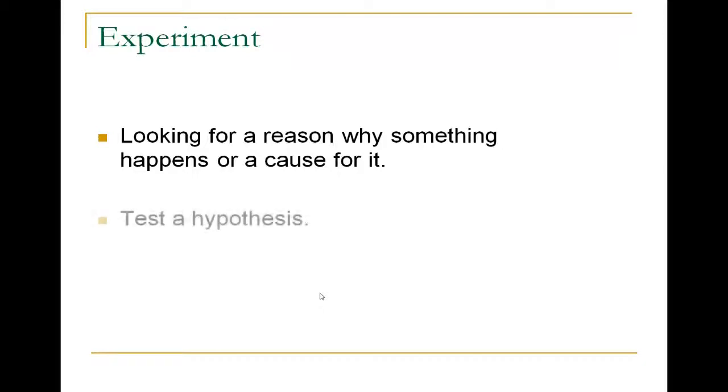And so we look at several different criteria, and this leads students to attend to things like fairness, to testing only one variable at a time, to realize that they're looking for a cause, and to formulate a hypothesis.